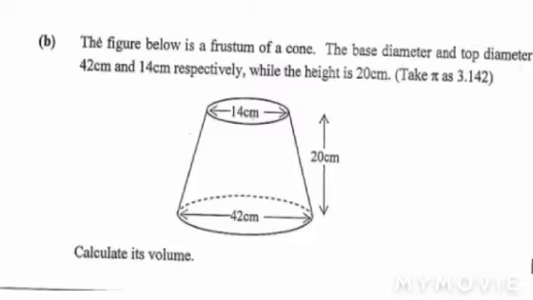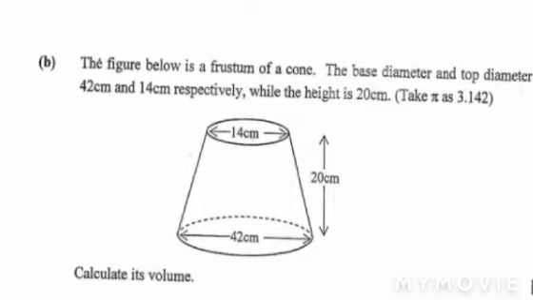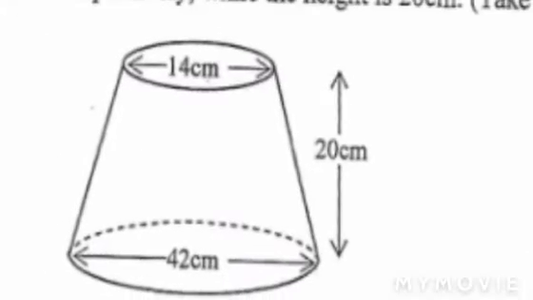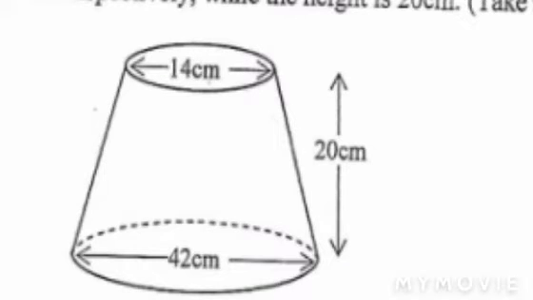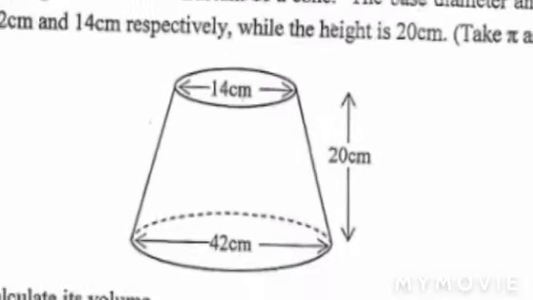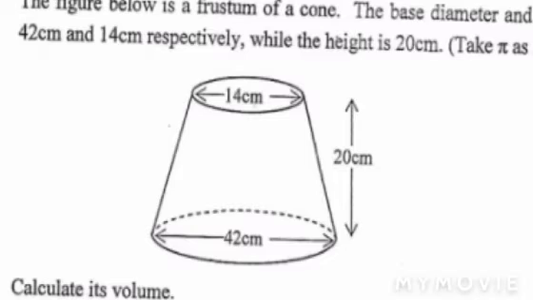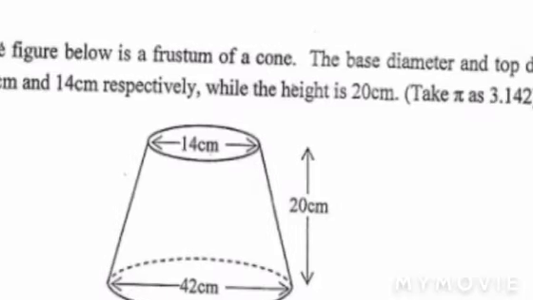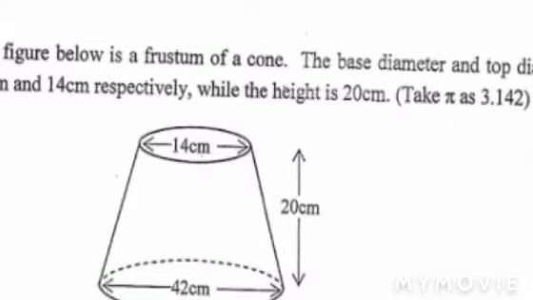The question says calculate the volume. You can see the frustum has a height of 20 centimeters, and the base diameter is 42, meaning that the radius is 21. The top diameter is 14 centimeters, which simply means that our radius is 7 centimeters.